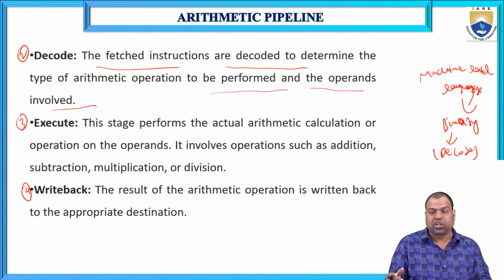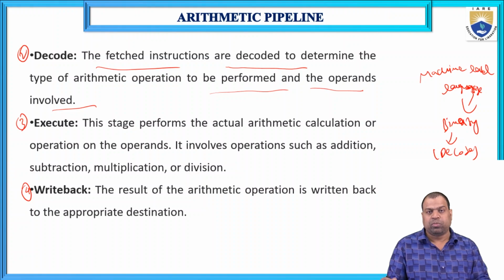What are the operands? And, add, mul, div, sub. These are the operands, meaning multiplication, addition and division, the arithmetic operations that should be involved. After the fetching, the decoding determines the type of arithmetic operation to be performed, how many registers are related to it, and what the operands are.